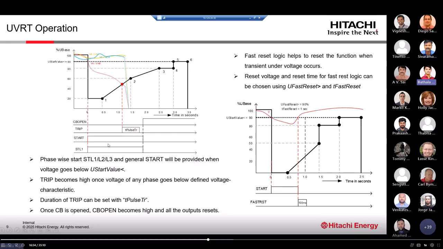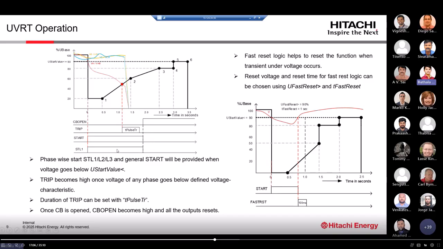But start L1 will not reset until the end of this curve, unless a CB open command is received from the CB status. During that time it will reset. That is how it is designed. If this input is not connected, then it will be prolonged until it sees healthy voltages, so it won't reset at all.